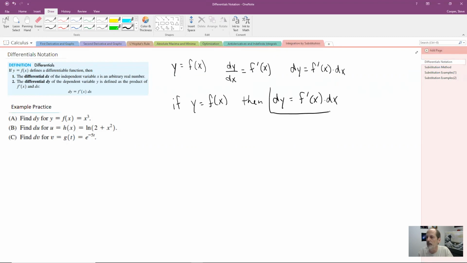So we're just going to start doing this for today's purposes. So let's practice that a little bit. So if I'm finding dy for y equals x cubed, dy equals 3x squared dx.